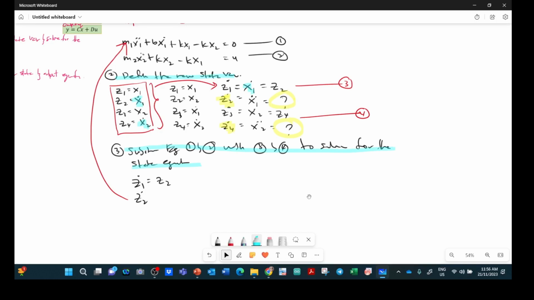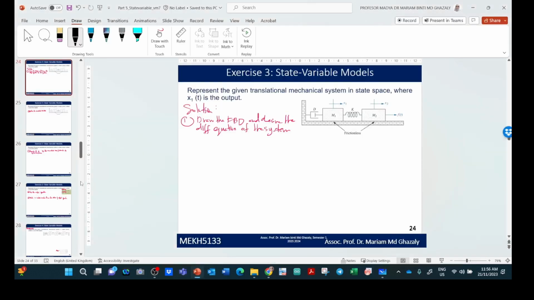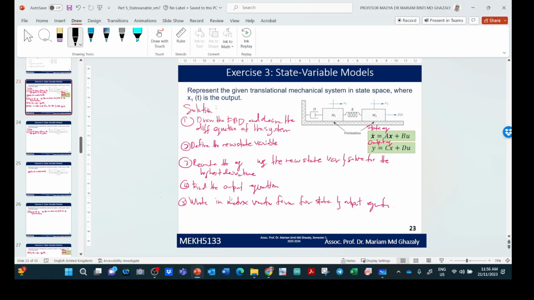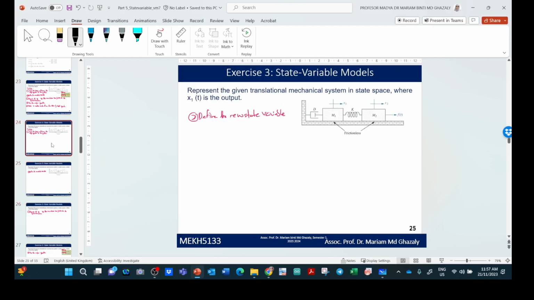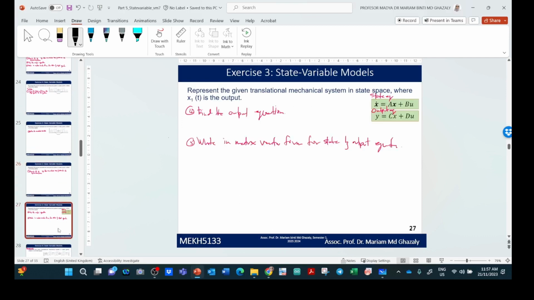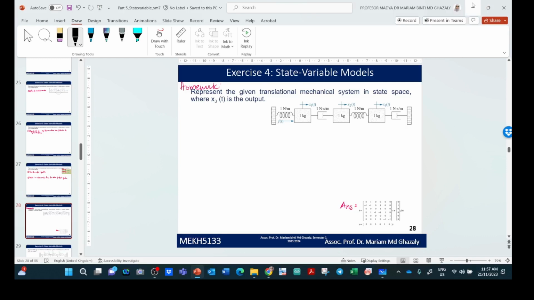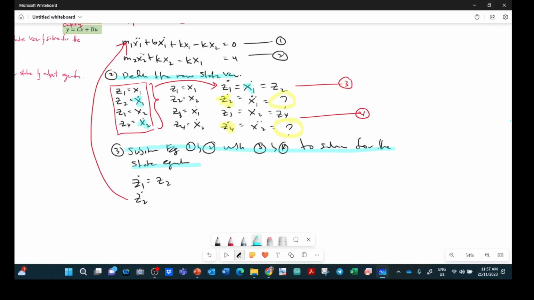Find Z2 dot and Z4 dot. Okay, continue. Z2 dot, what do you get? Substitute into equation 1, right?